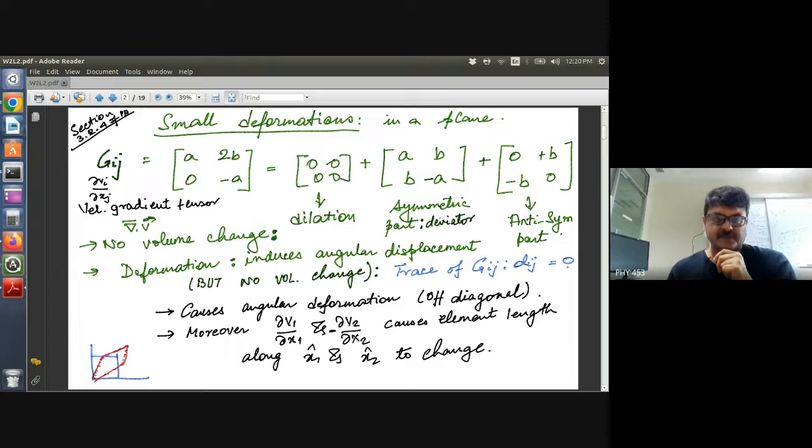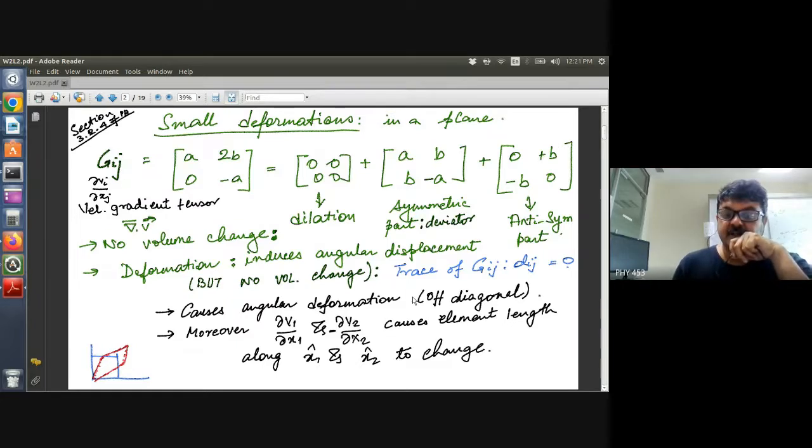This has a finite part. As we discussed, there's no volume change. What this would do is induce angular displacement, so that there's distortion of the fluid element. As we saw last time, there will be a distortion in the fluid element, and this will cause rotation, by this amount of small rotations.